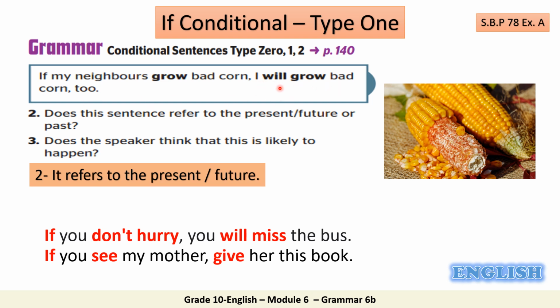We have here will, which refers to the future. Question 3. Does the speaker think that this is likely to happen? Yes, he does. Now let's find out more examples. If you don't hurry, you will miss the bus. If you see my mother, give her this book.